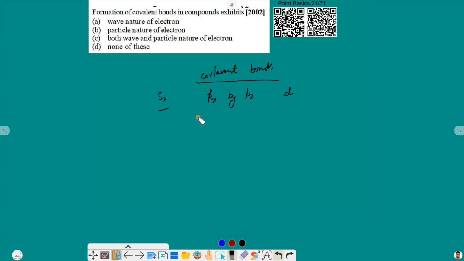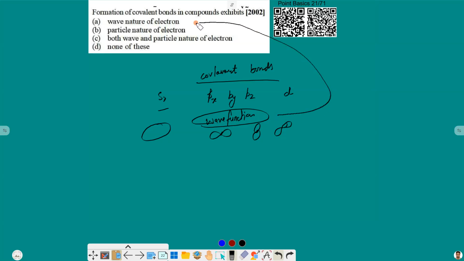When we represent them with the help of wave functions and probabilities, an s orbital is represented like this, and p orbitals are represented like this. So these are basically wave functions, and if there is a wave function, then it has to be represented by the wave nature of the electron. So option A will be the right answer here.